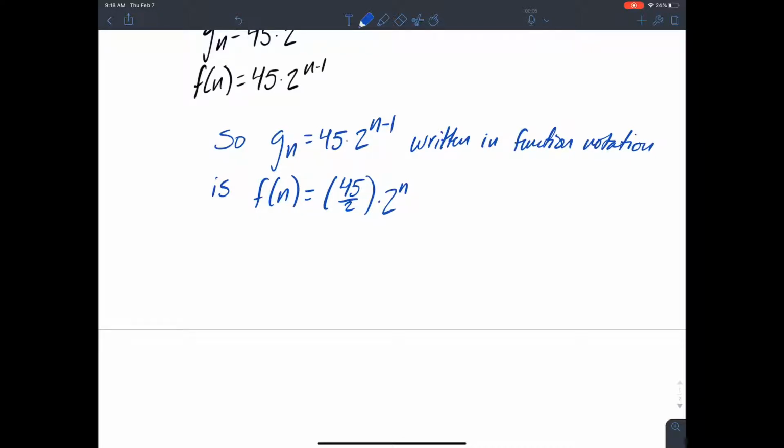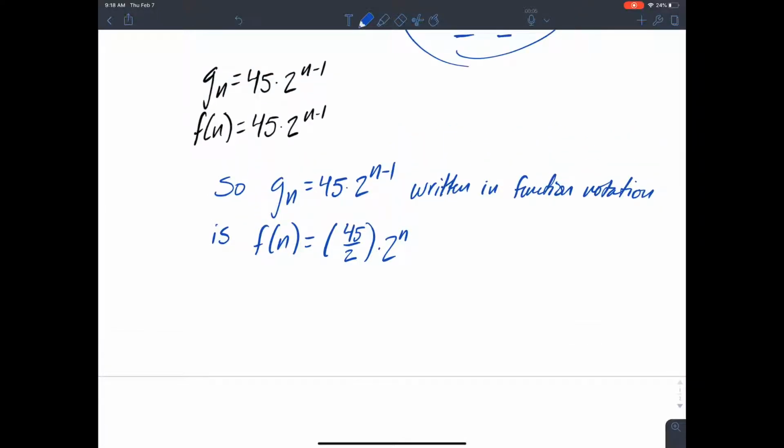And you can approximate the 45 over 2 if you want. I'd rather have the exact answer, but that's on you. 45 over 2, and right here, that's an A plus answer right there.